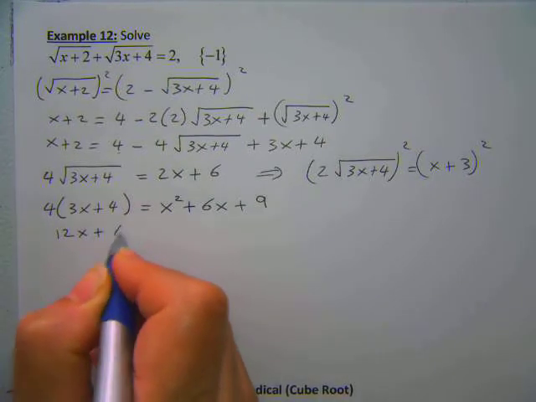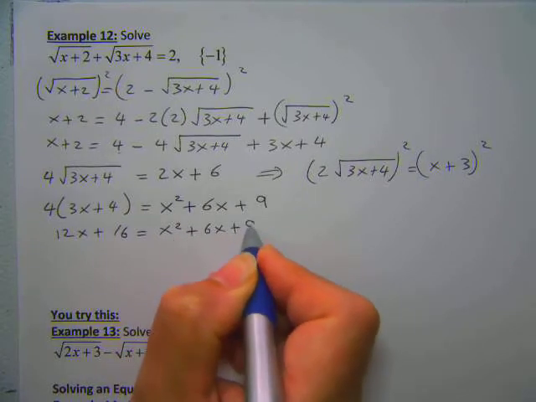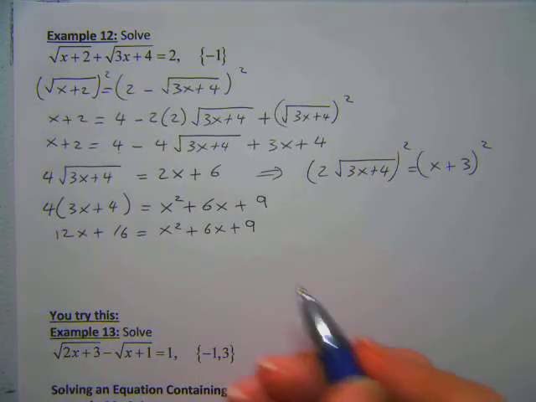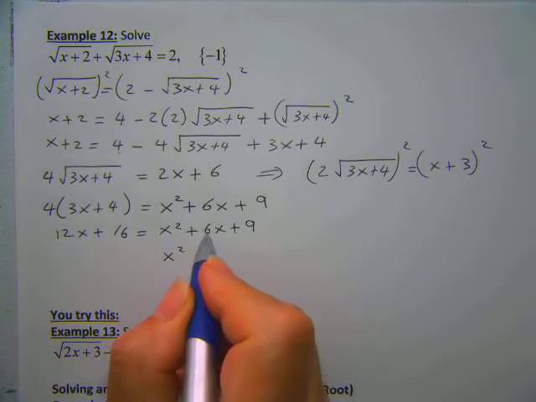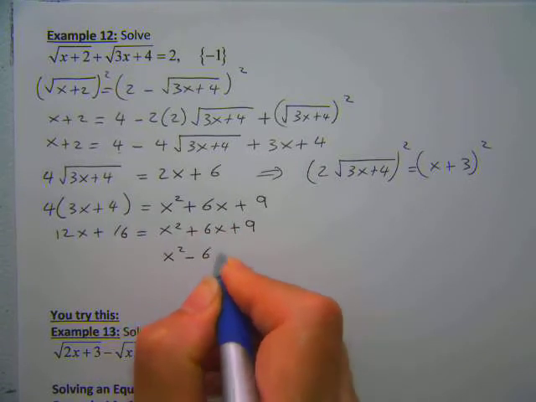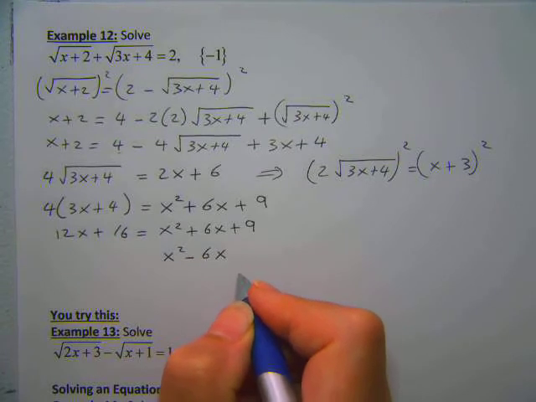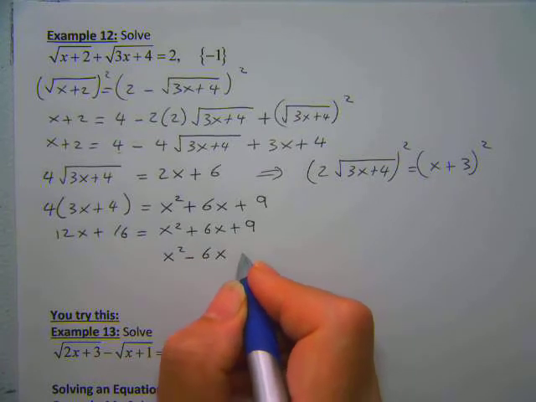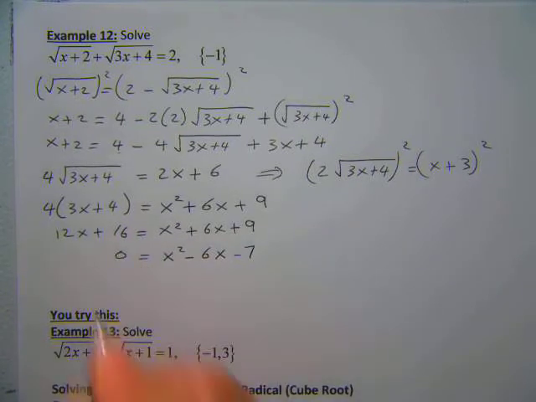12x plus 16 equal x squared plus 6x plus 9. It's a quadratic equation. Let's put everything on the right hand side. x squared, so 6x, take away 12, negative 6x. 9, take away 16, negative 7, equal to 0.